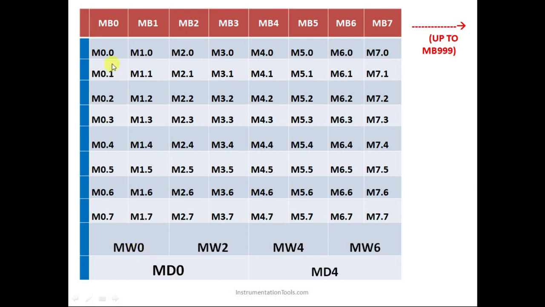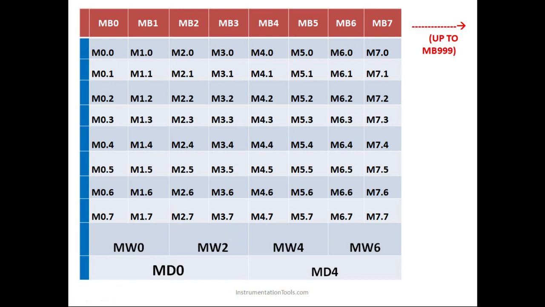MW0. This addressing is used for integer values, so if you want to take integer values, then we will be using this addressing. Similarly, MB2 and MB3, both combined again form 2 bytes, one combination, which means MW2. In this way there are so many memory words. This is how we do the addressing of memory words.